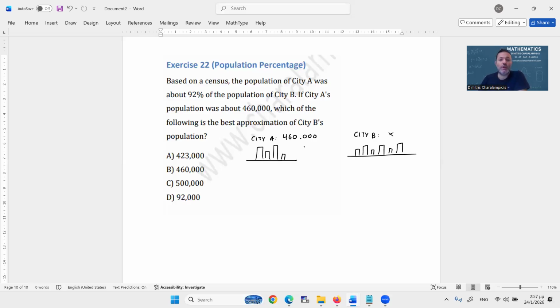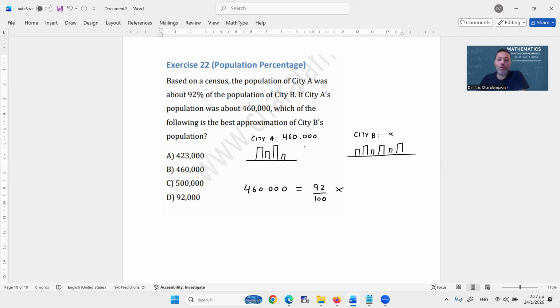Yes, we do. We know that the population of city A, which means that value of 460,000, is 92% of the population from city B. So it's 92% of X.